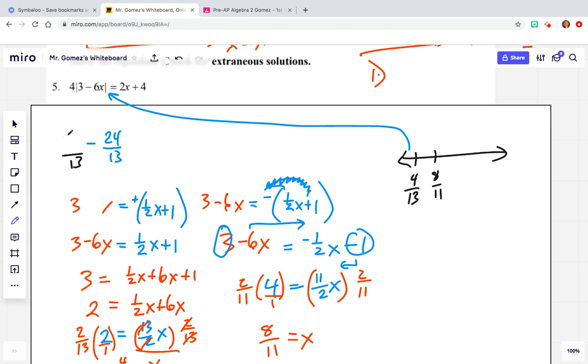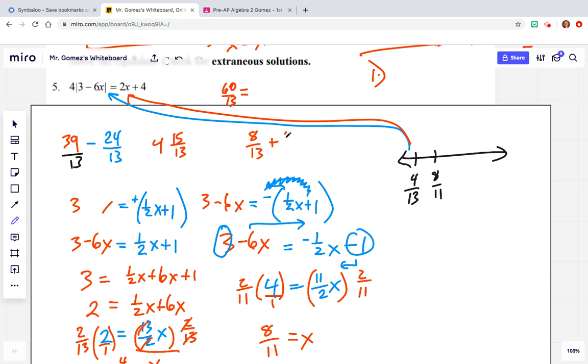And 39 minus 24 is going to be 15. All right, so we'll have 15 over 13, absolute valued is still 15 over 13. Then we'll multiply it by 4, and we'll finally get 60 over 13 for the left side. Now, if I plug this into the right side, where x is at, I'll get 2 times 4/13 is 8/13.